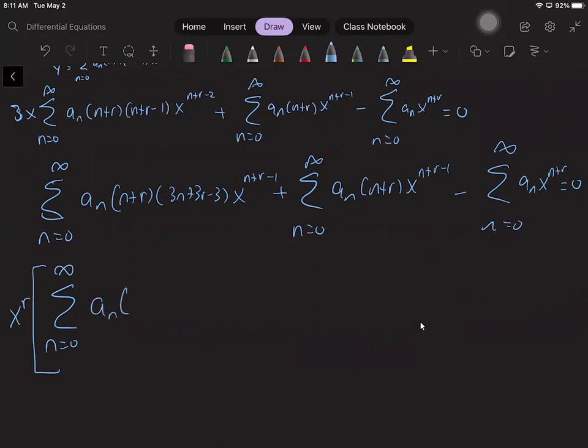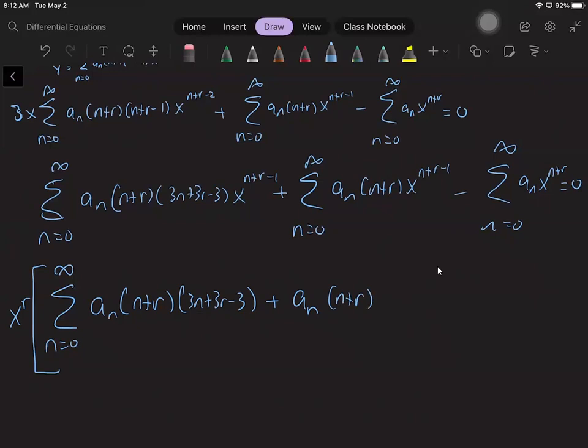Then here I have a_n (n plus r), (3n plus 3r minus 3) x to the n minus 1. The other one also is x to the n minus 1 because I also took out the x to the r. So I'm just going to go ahead and combine the two series now, like this.